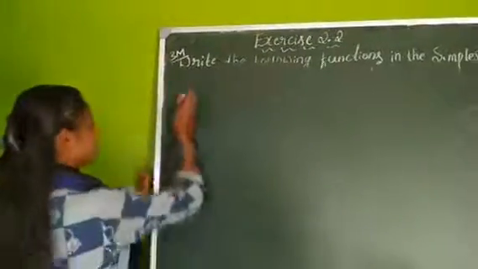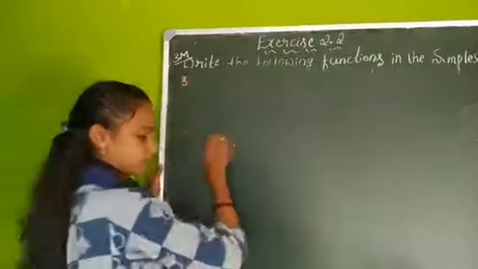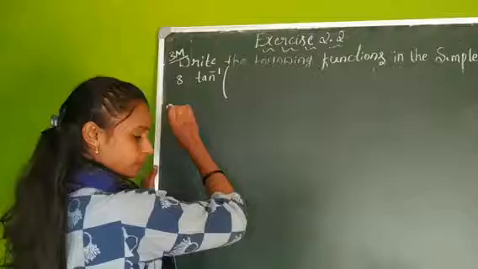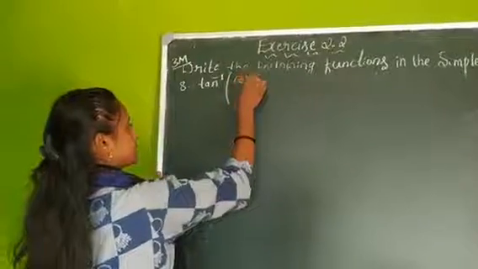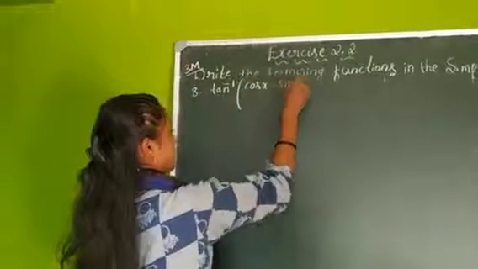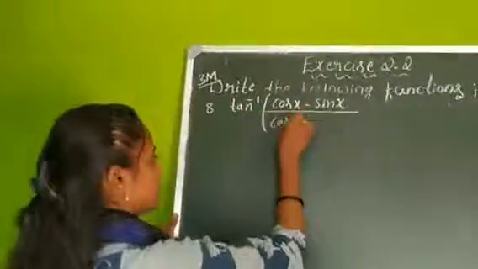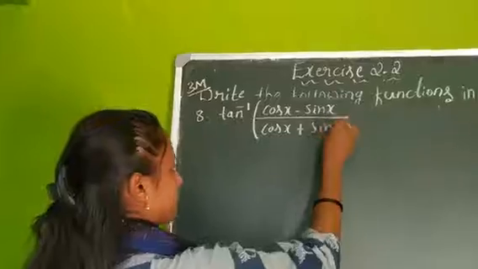So the 8th one is tan inverse of cos x minus sin x divided by cos x plus sin x.